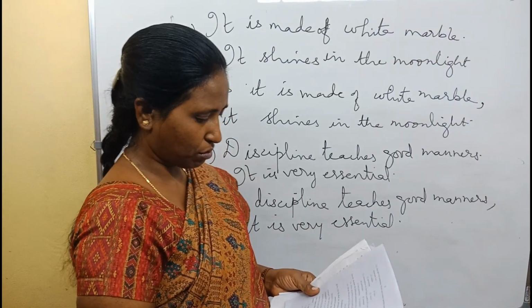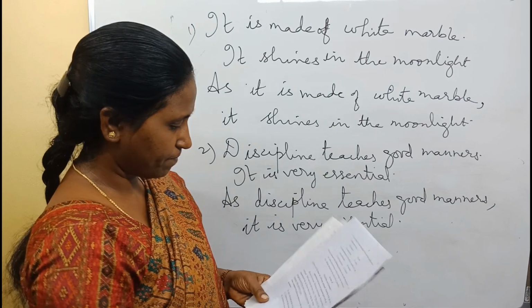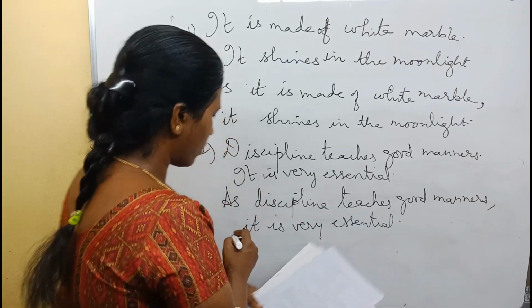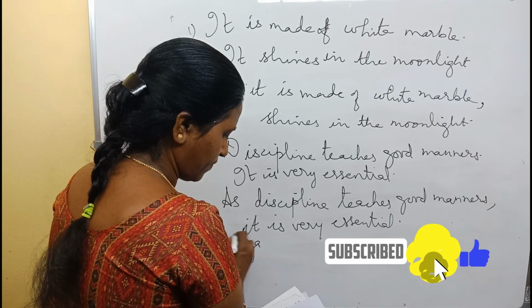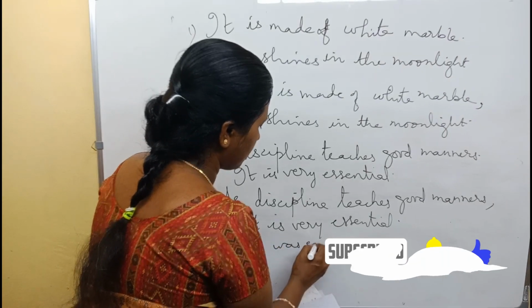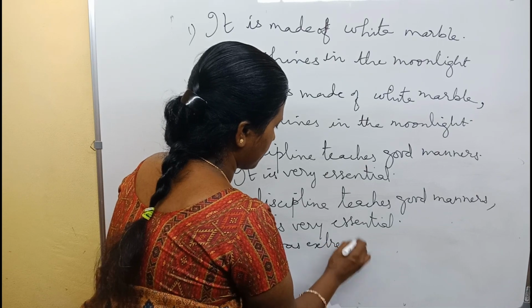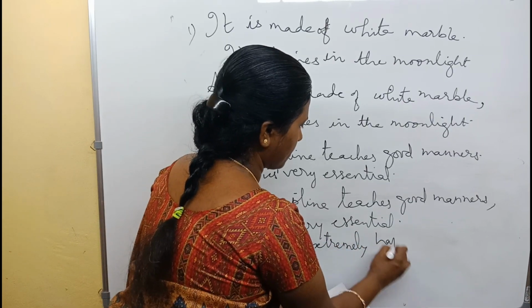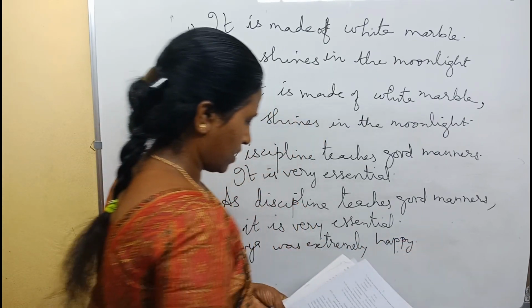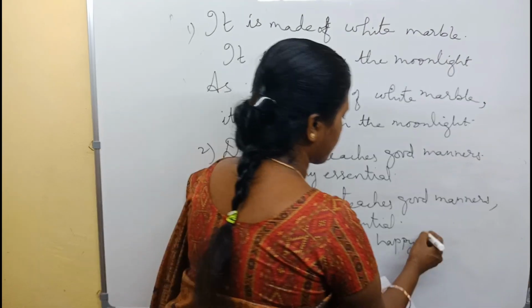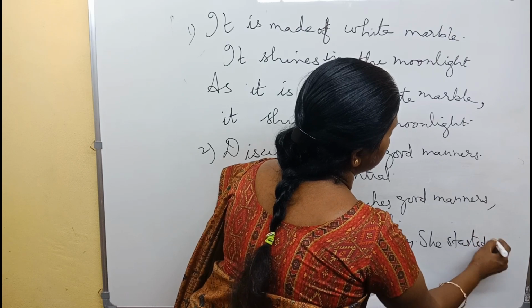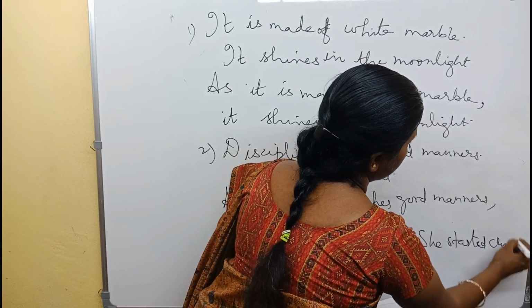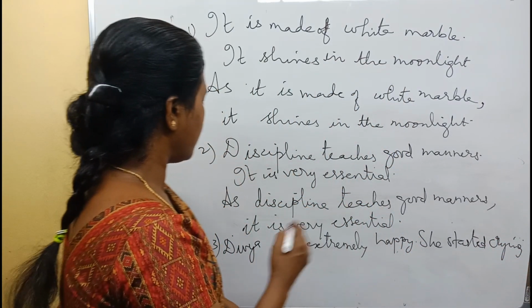Okay, try to score. Then the next one, Divya was extremely happy. She started crying. So what is the reason here? Her feeling happy is the reason.